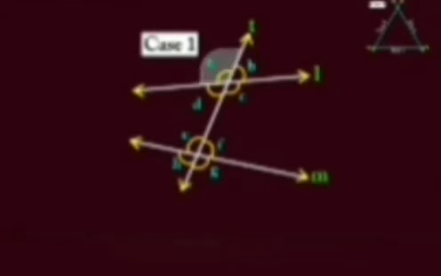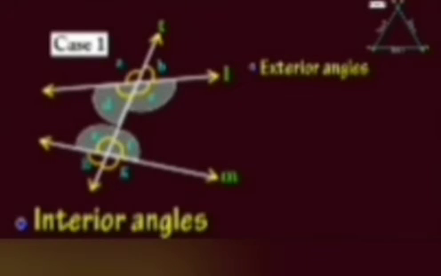Now here you can see two lines intersected by a third line, so it is called a transversal, and the angles which lie on the outer side are called exterior angles as shown in the figure, and the angles which are formed inside the two lines L and M are called interior angles. So you can see carefully which ones are exterior angles and which ones are interior angles.